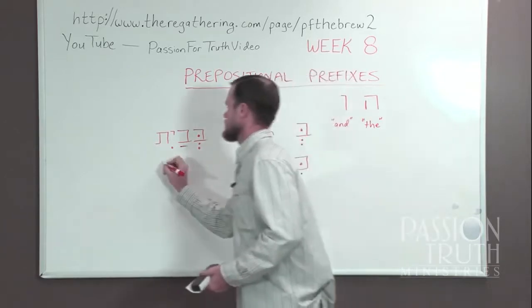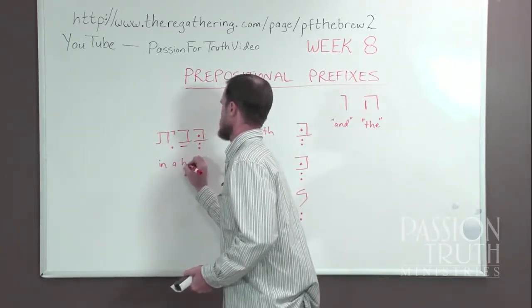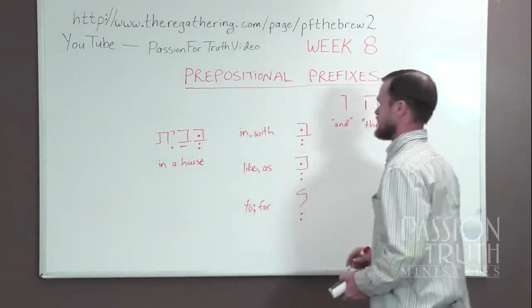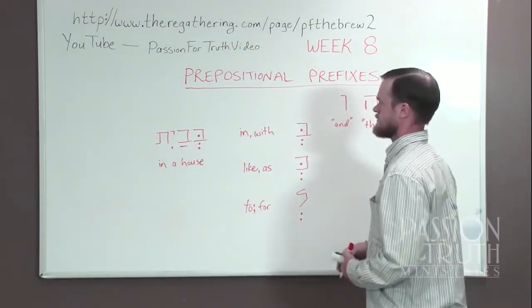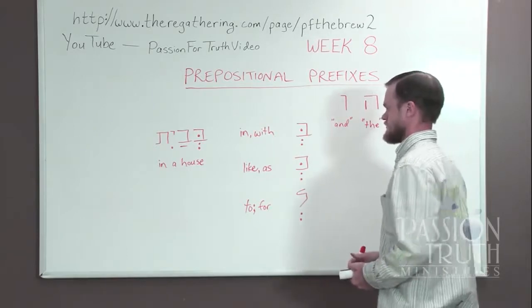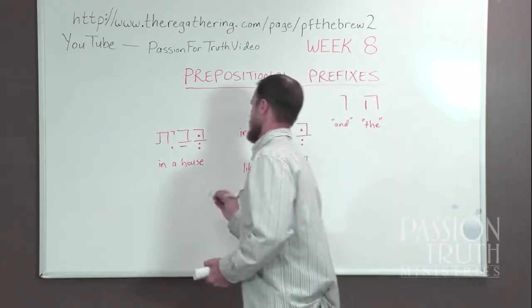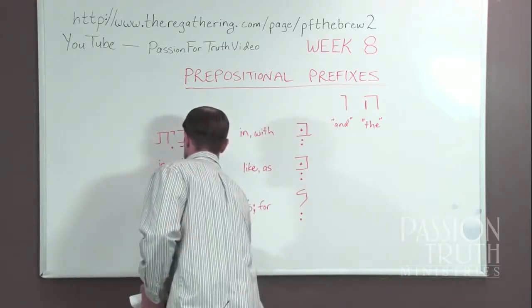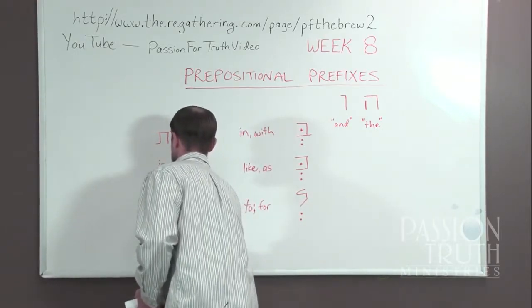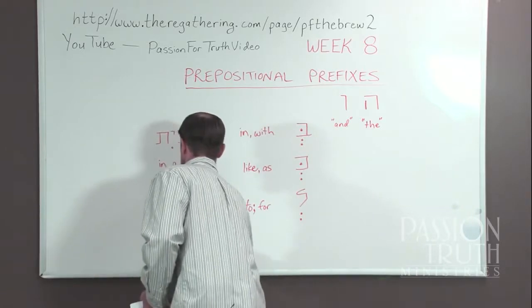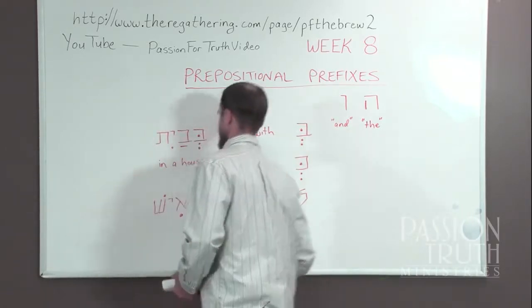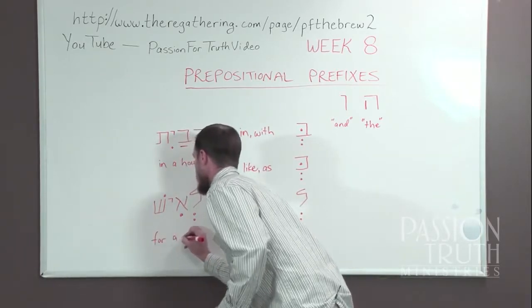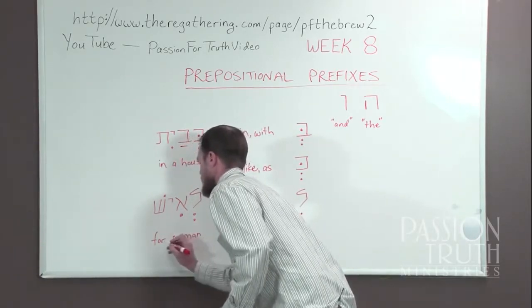Okay, in a house. If something is for a man, lamed prefix in front of ish. Okay, so le'ish, for a man. Or it could be to a man, just depends on context.